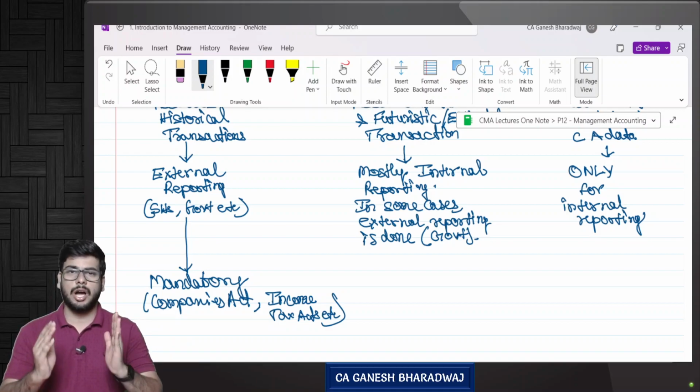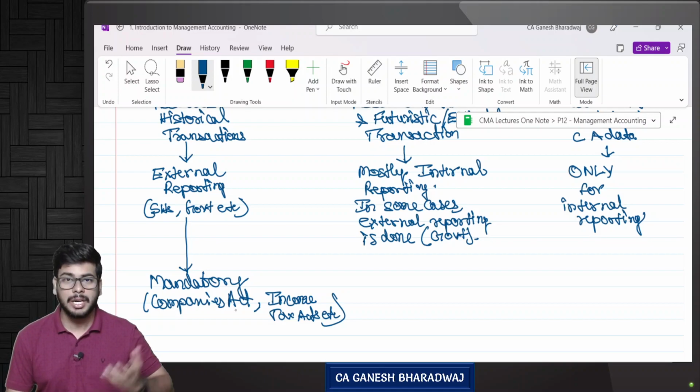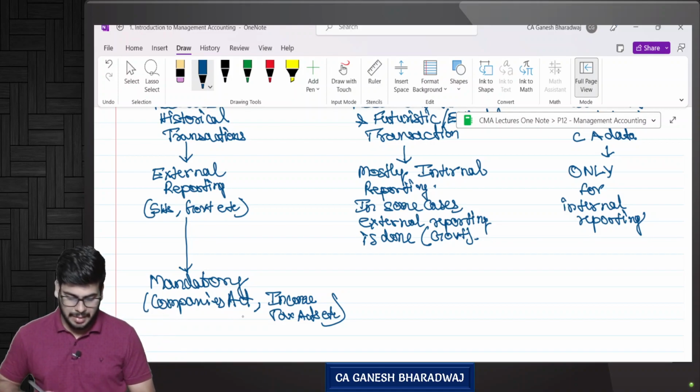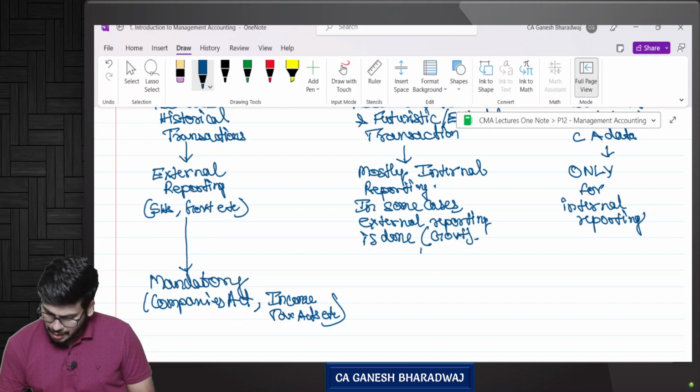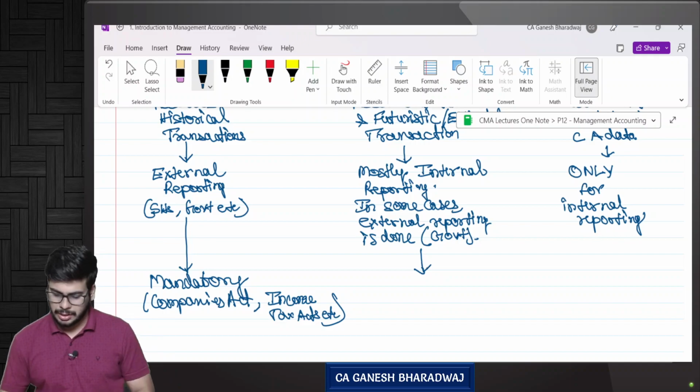So financial accounts need to be maintained. That is a mandatory requirement of the government by way of these legislations. Now, in case of cost accounting, it is mandatory only for certain companies.